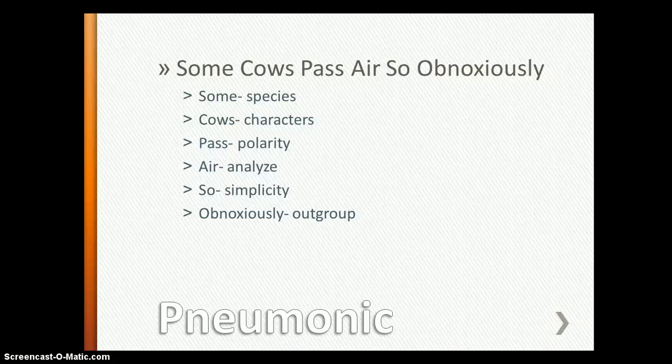I don't know why, this just popped into my head. So some would be for species, cows for characters, pass for polarity, air for analyze, so for simplicity, and obnoxiously for the outgroup, obviously. So if you try and remember this, then hopefully that will help you out.